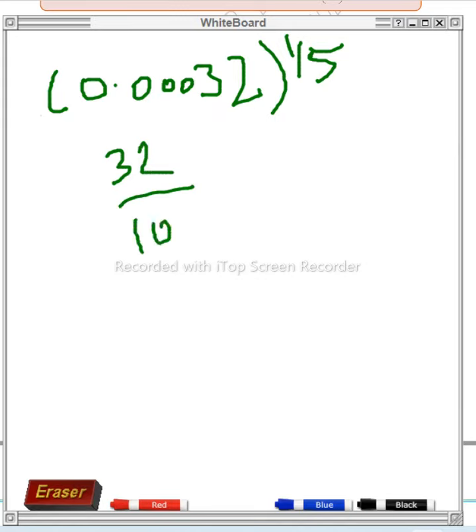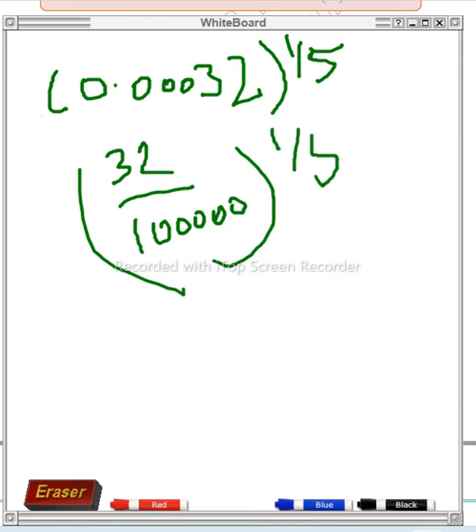Here we have 0, 0, 1, 2, 3, 4, 5, so 5 zeros, again to the power of 1 over 5. 32 means 2 to the power of 5.